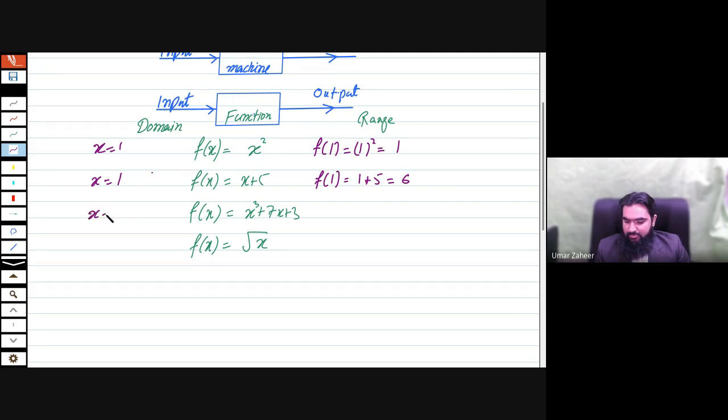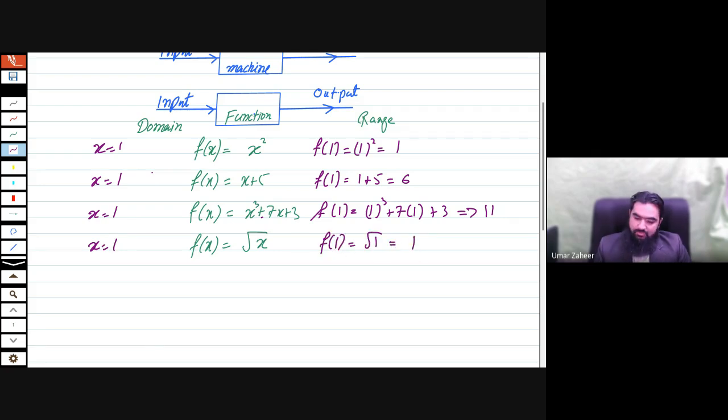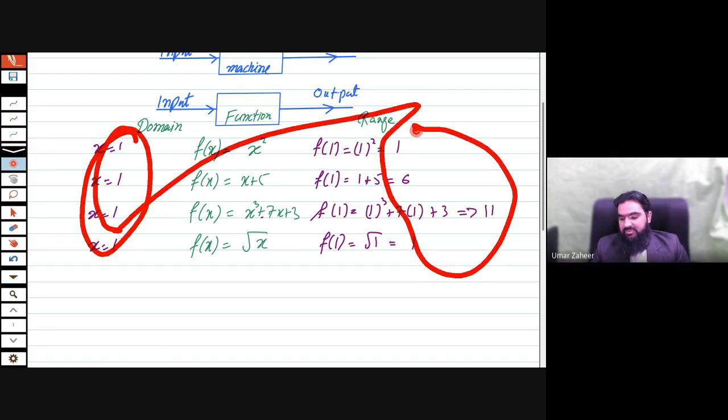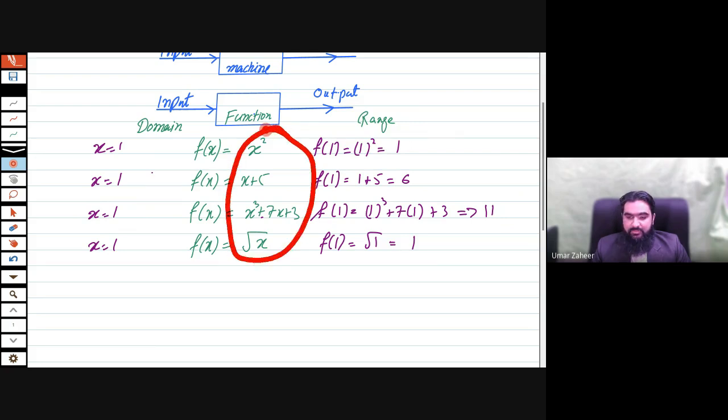If I substitute x is equal to 1 here, it is f of 1 is equal to 1 cubed plus 7, at the place of x I substitute 1, plus 3. That will be 7 plus 3, 10, 10 plus 1, 11. If I substitute x is equal to 1 here, it will be f of 1 is equal to square root of 1. So look here, I substitute the same input, but the outputs are going to be different, because it depends upon what the function is.